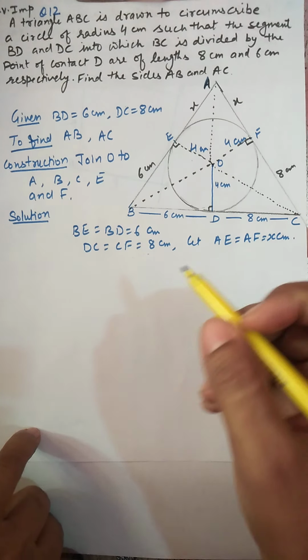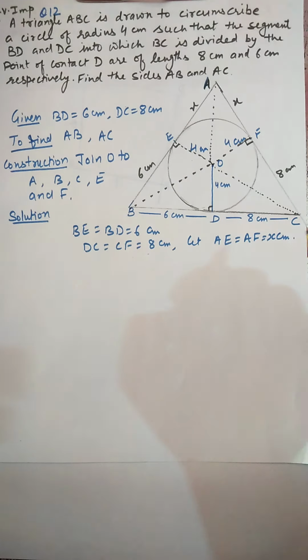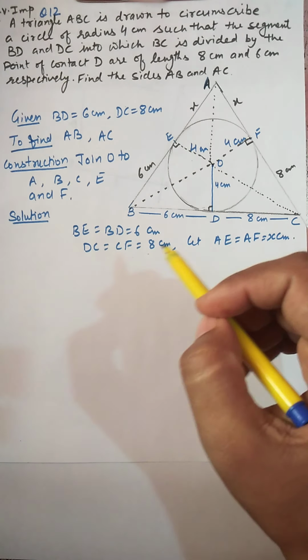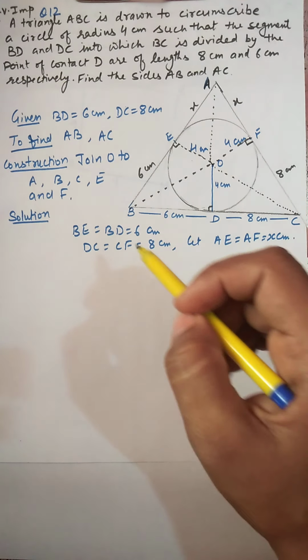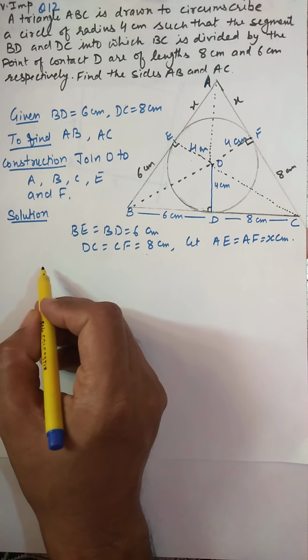So our solution starts from this point, that ABC is our triangle in which we have all three sides, so we can find the area of this triangle with the help of Heron's formula. So first we are going to apply Heron's formula.